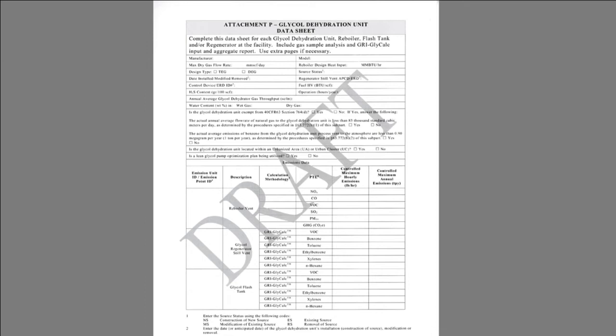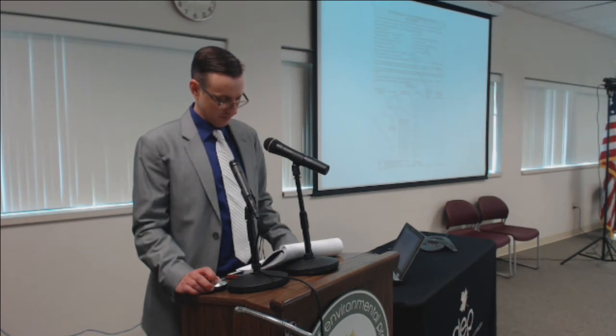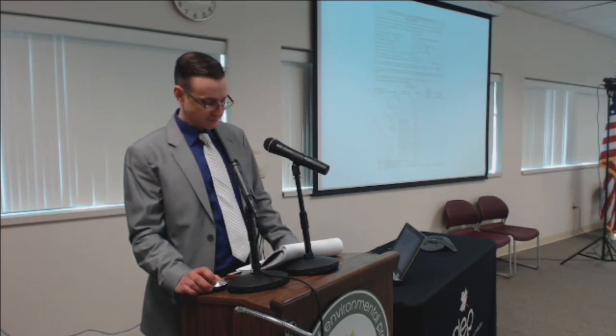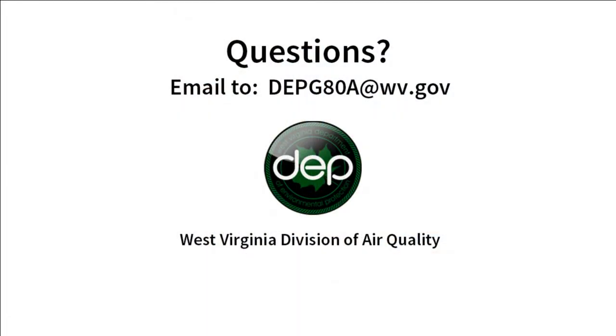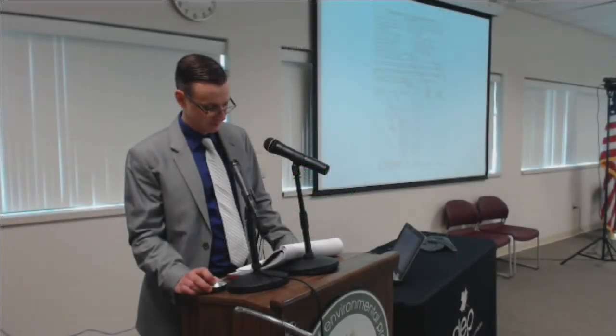We ask for the basic information we asked for before: manufacturer, model, what the flow rate of the gas is, the heat input of the reboiler, when it was installed or modified, any air pollution control device or emission reduction device associated with it, throughput, water content, and then we get into exemption language as far as throughput goes, or benzene exemptions. We ask those questions, and you provide that information.